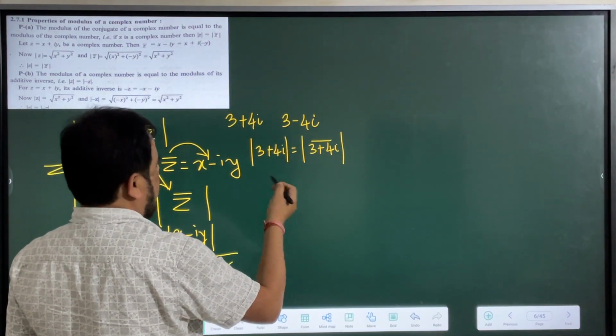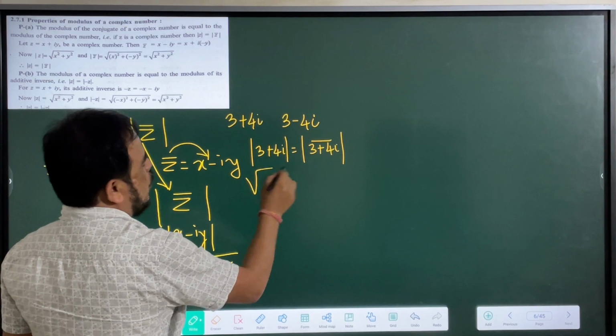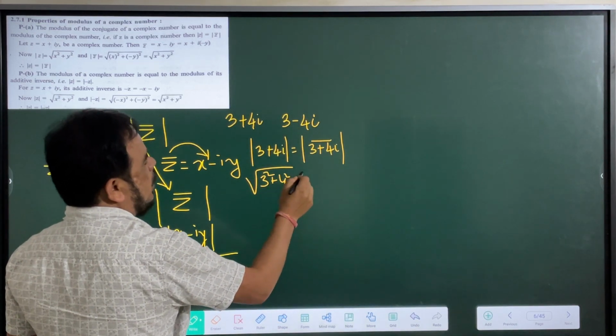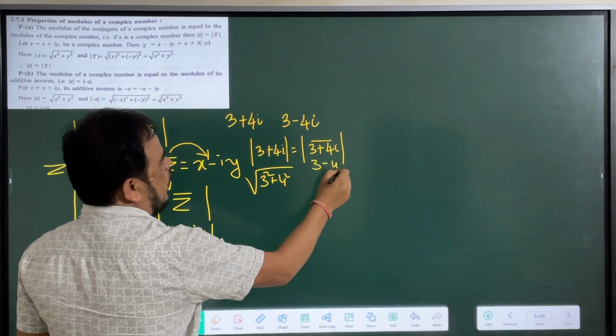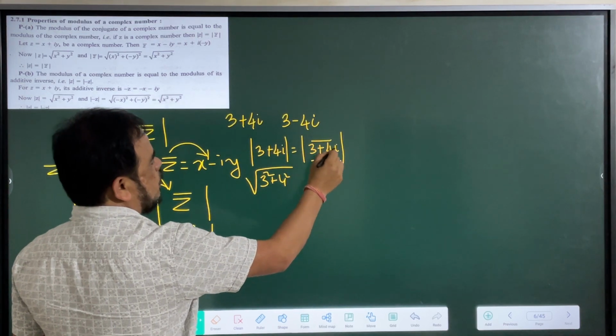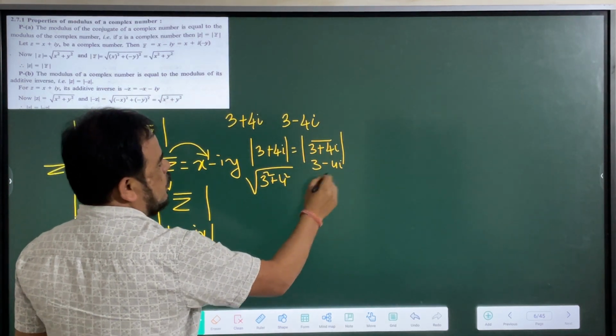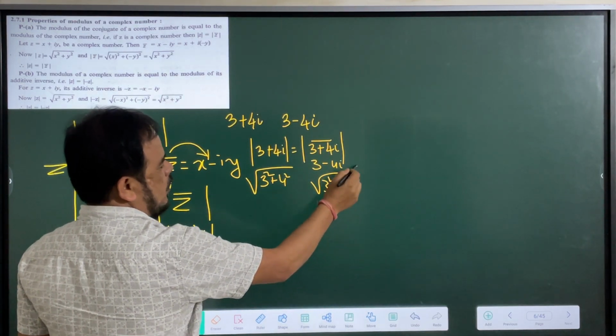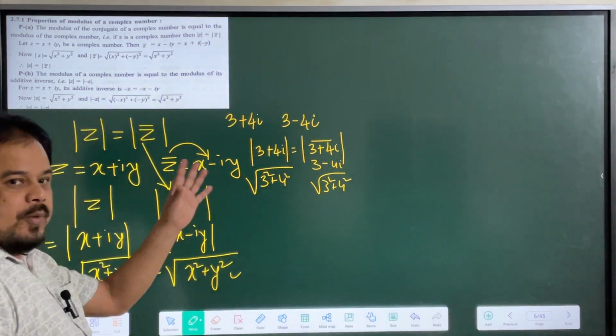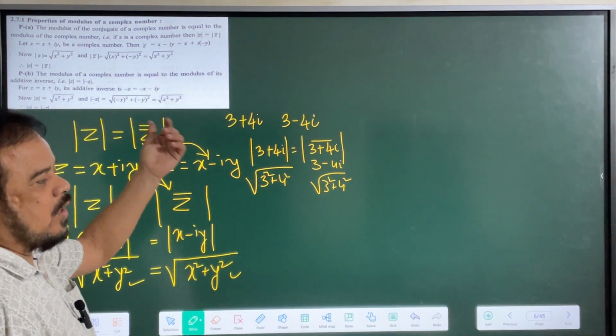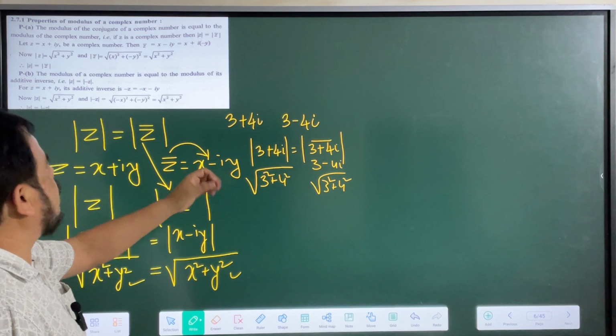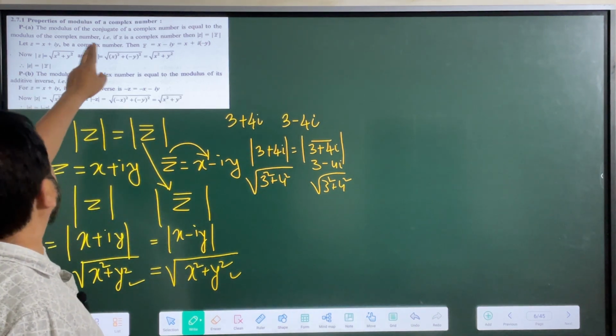That is the same, root of 3 square plus 4 square. If it is 3 minus 4i, the root will always be plus, in the formula there is always plus. So we don't have to worry whether it is conjugate or not. That is property number A.